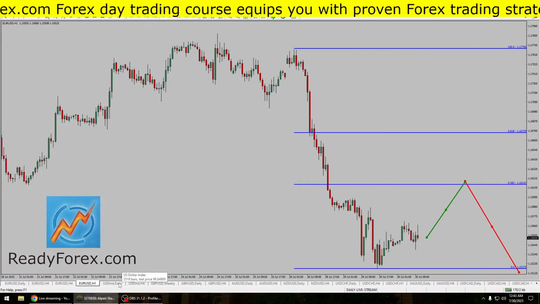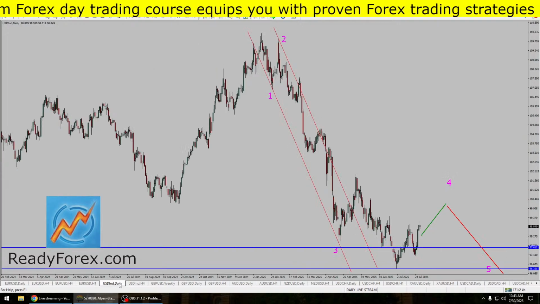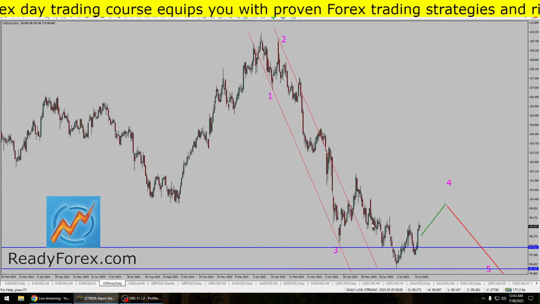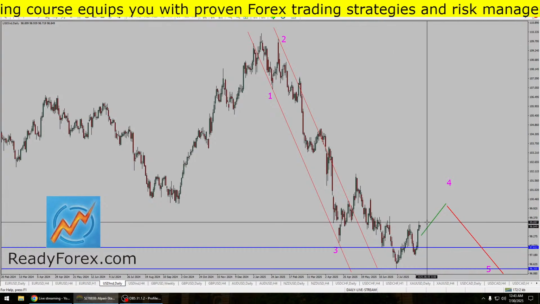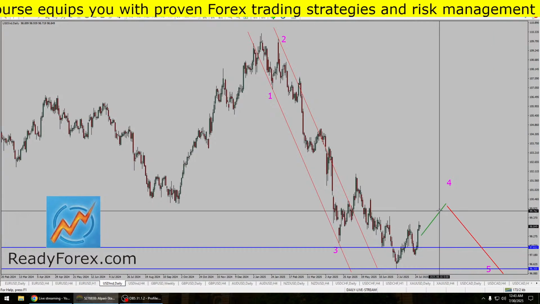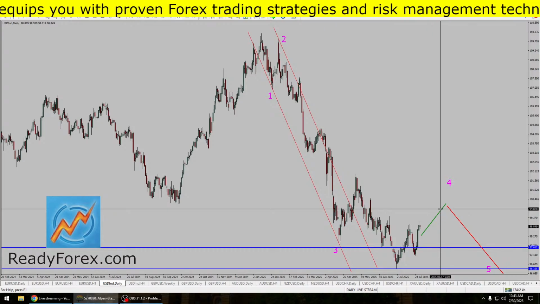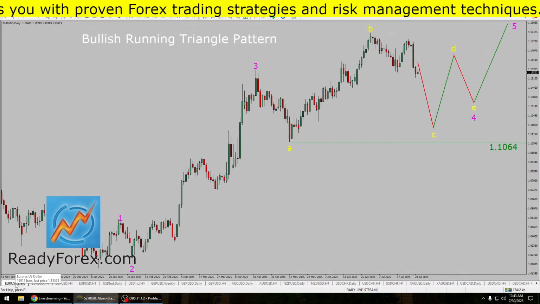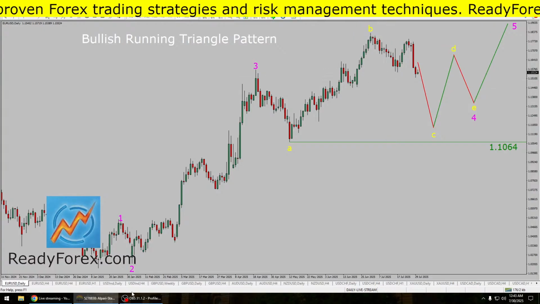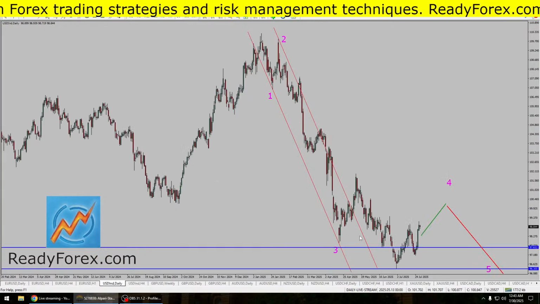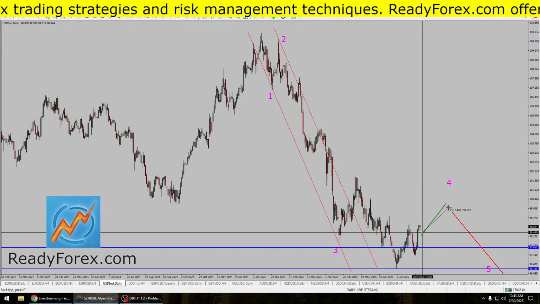Next, let us take a look at the US dollar index. So DX, the way I see, US dollar index is most likely going to rise up more over here. If you check out the daily chart, you can see the price action is falling down over here, and regarding the DX, market is most likely going to rise up.